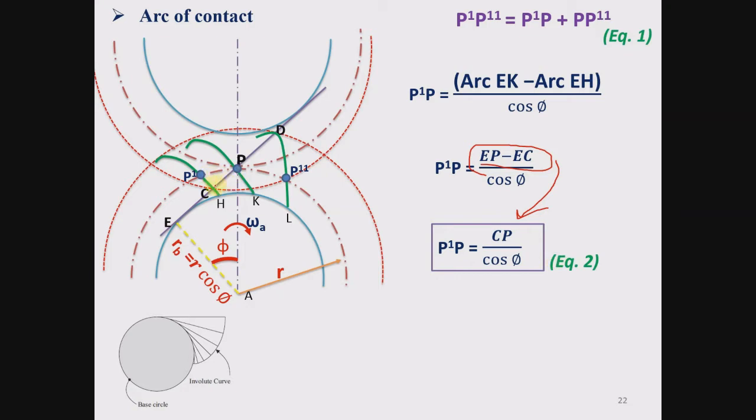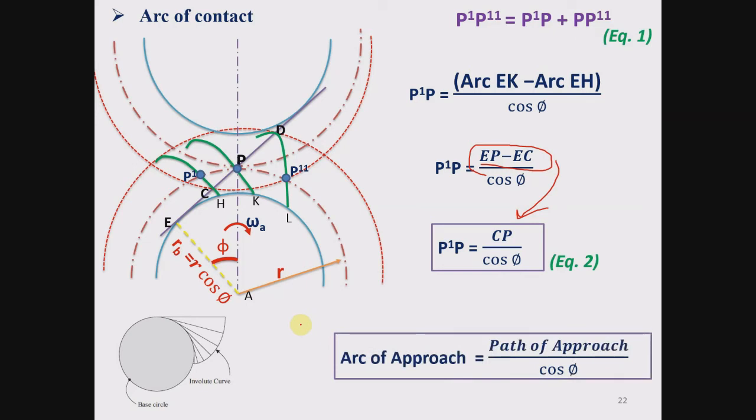What is CP? CP is the path of approach, correct? So what we can say, arc of approach is equal to path of approach divided by cos of phi. We have done this in the last lecture.